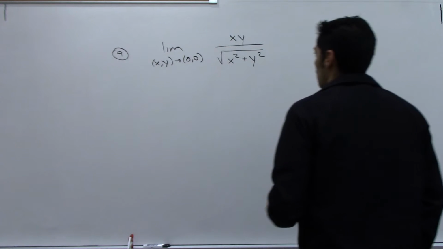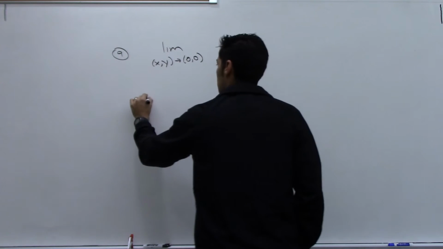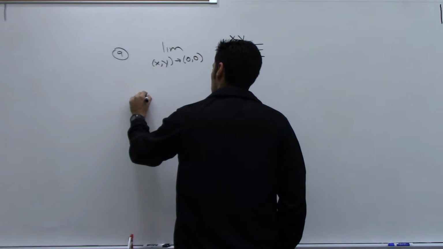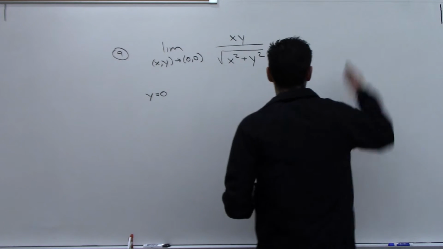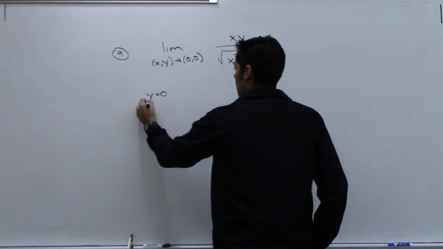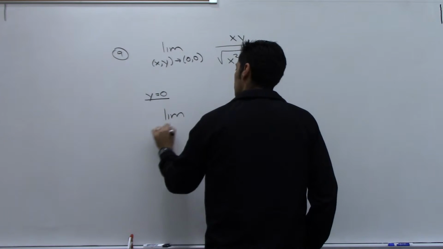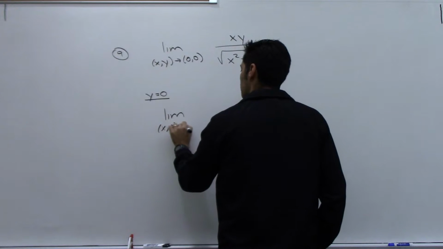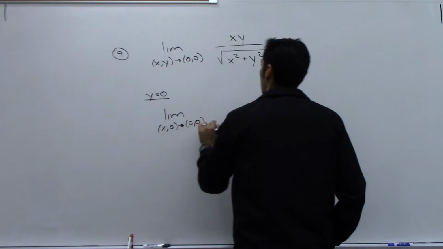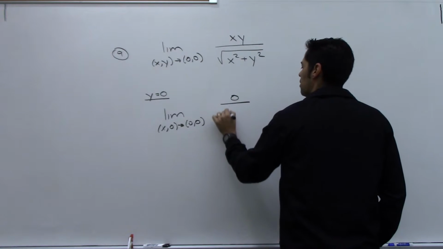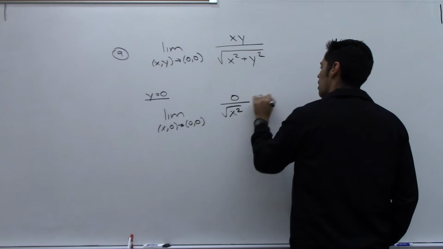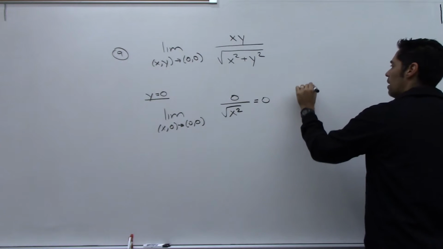So let's first go along y equals 0, okay, which is a horizontal line. If we do that, it's the limit as x,0 approaches 0, 0. What happens if we replace the y's with 0? We get 0 on top. On the bottom, we get square root of x squared. This limit is 0.